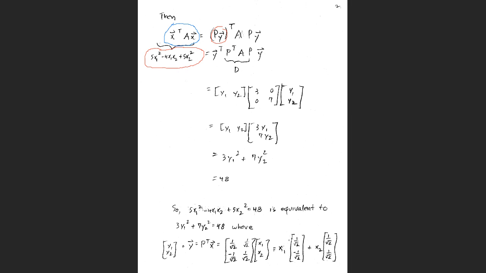So by letting the vector x equal P times the vector y, and we've identified the matrix P already, I can get the quadratic form written as y transpose times D times y.